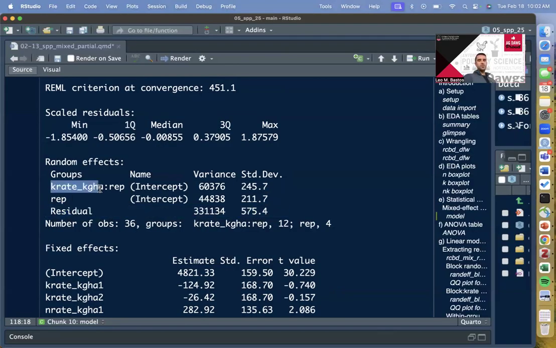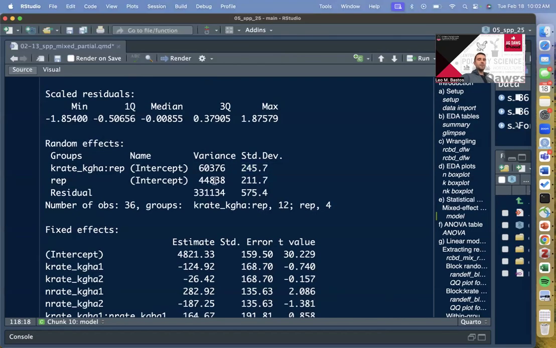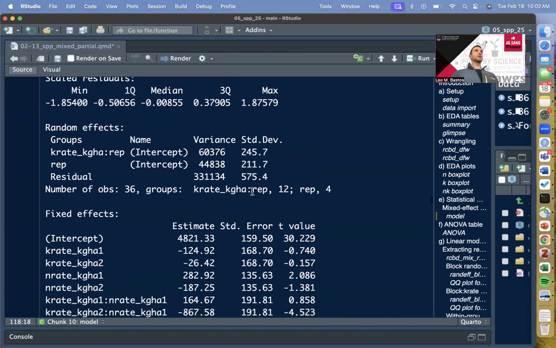This is your sigma squared block and sigma squared potassium by block. So we're partitioning the variance between our random effects and our residual. And the structure that we're defining in the model is what's going to make sure that we have the appropriate degrees of freedom of the denominator on our F ratios, which is what we want to make sure that our model is actually doing what it's supposed to do.